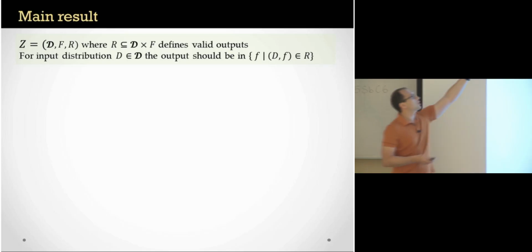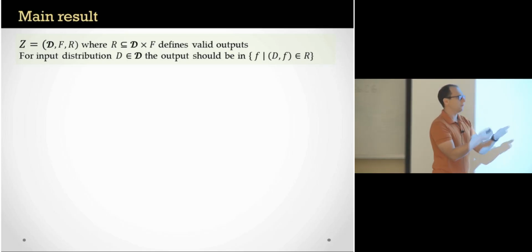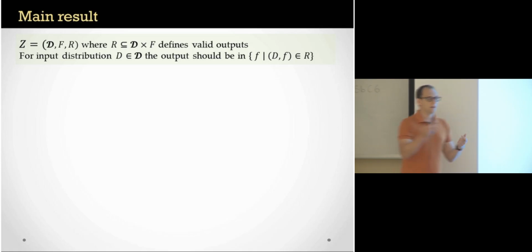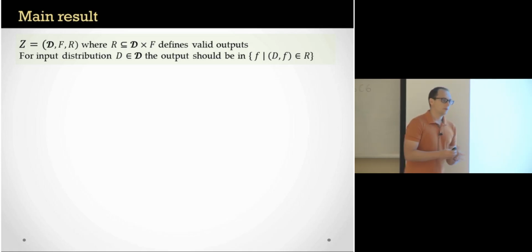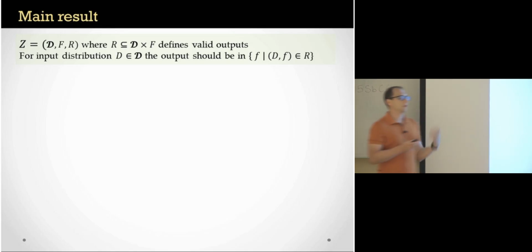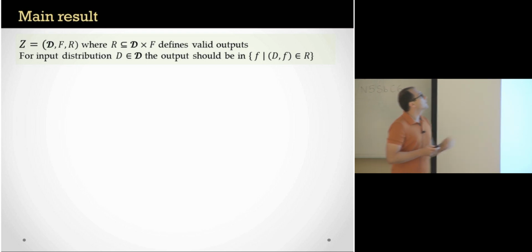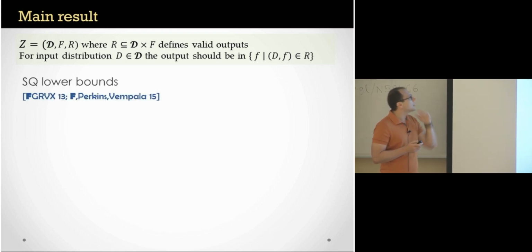And this relation R describes all the valid pairs of input distributions and the output for that distribution. Just as in any general definition of a problem, but now we're using distributions as inputs.